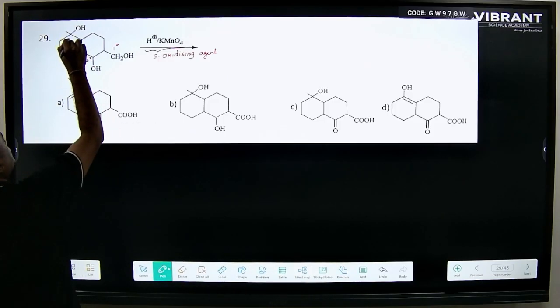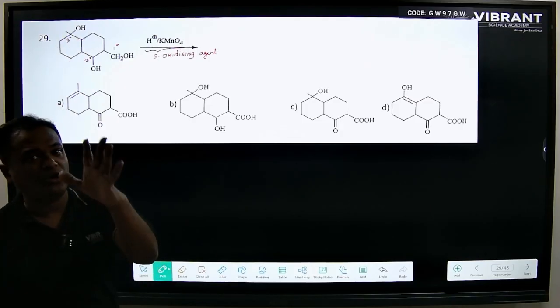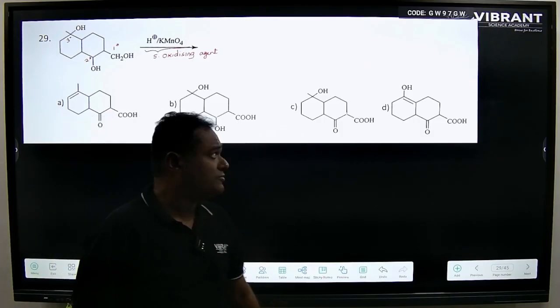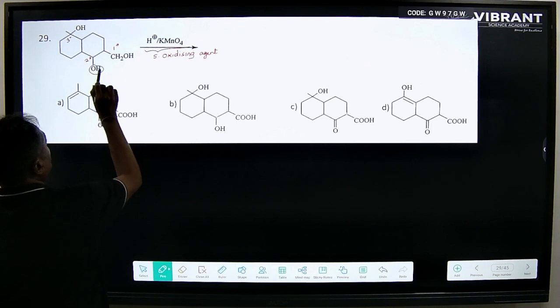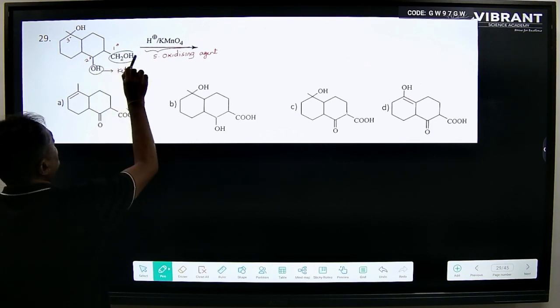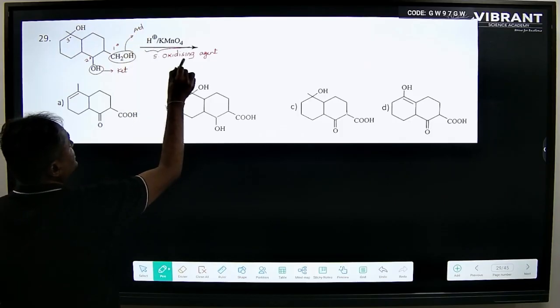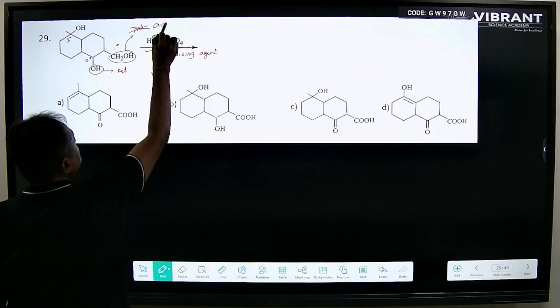And is it a tertiary alcohol? Point number 1, tertiary alcohol will not undergo any oxidation, because primary and secondary alcohols undergo oxidation easily. Second thing, your secondary alcohol will get oxidized to give you a ketone. Your primary alcohol will get oxidized to give you an aldehyde, but since the oxidizing agent is strong, this aldehyde will also get converted to a carboxylic acid.